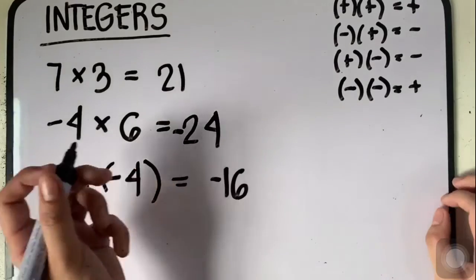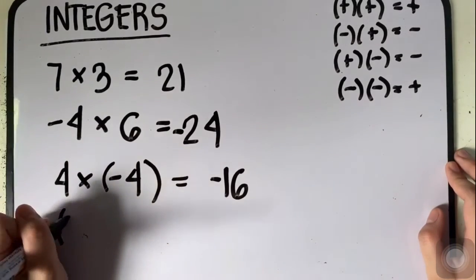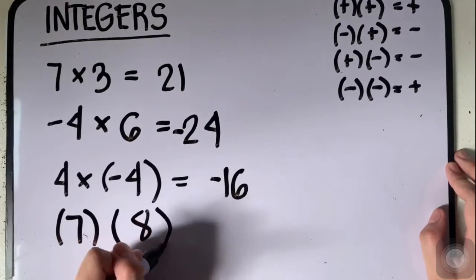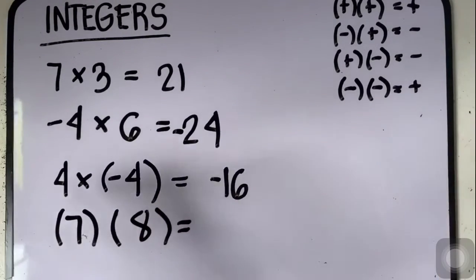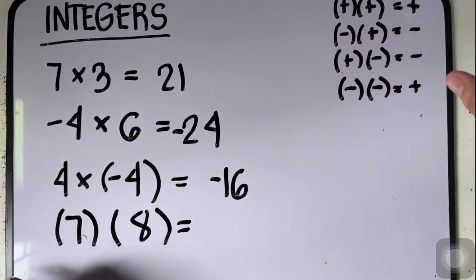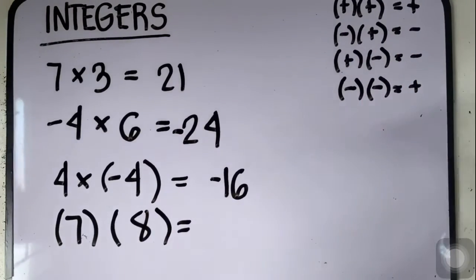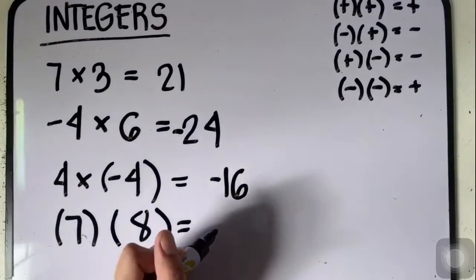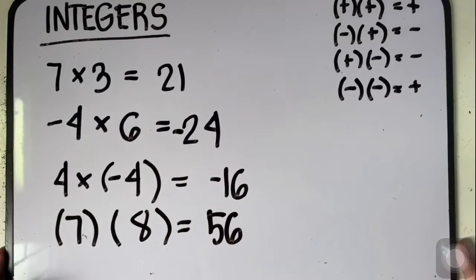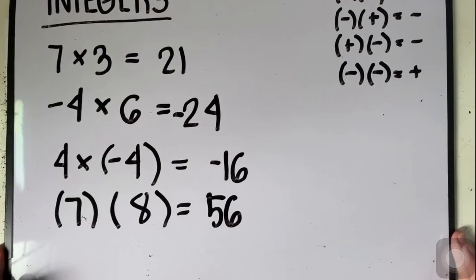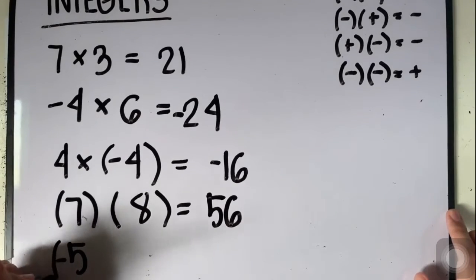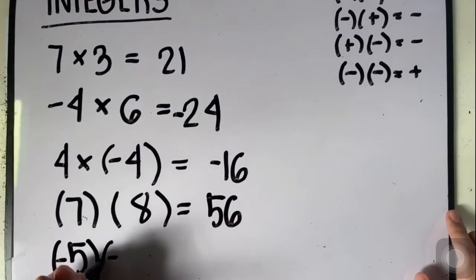Next example is positive 7 times positive 8. Both are positive numbers, and positive times positive will result in a positive value. So our final answer will be positive 56. Next example is negative 5 times negative 5.